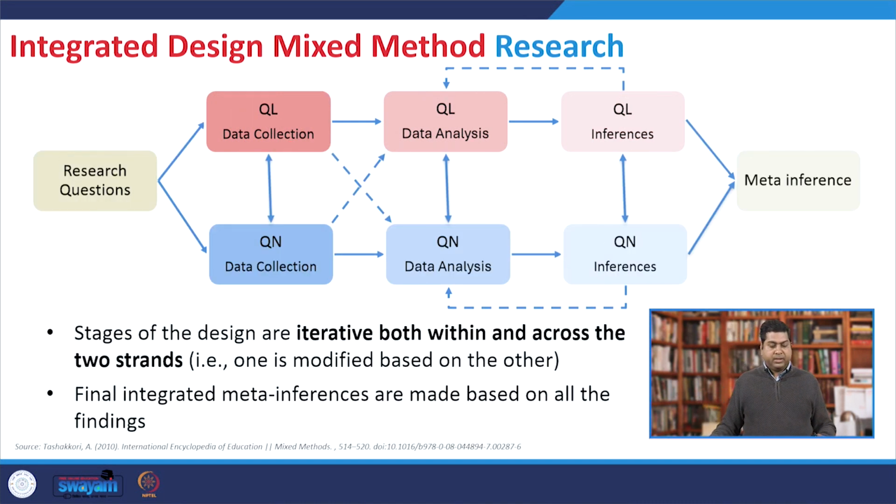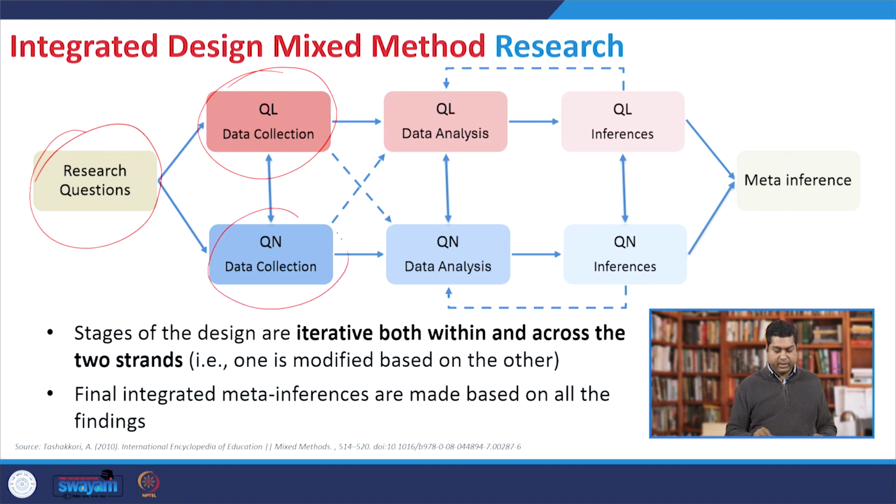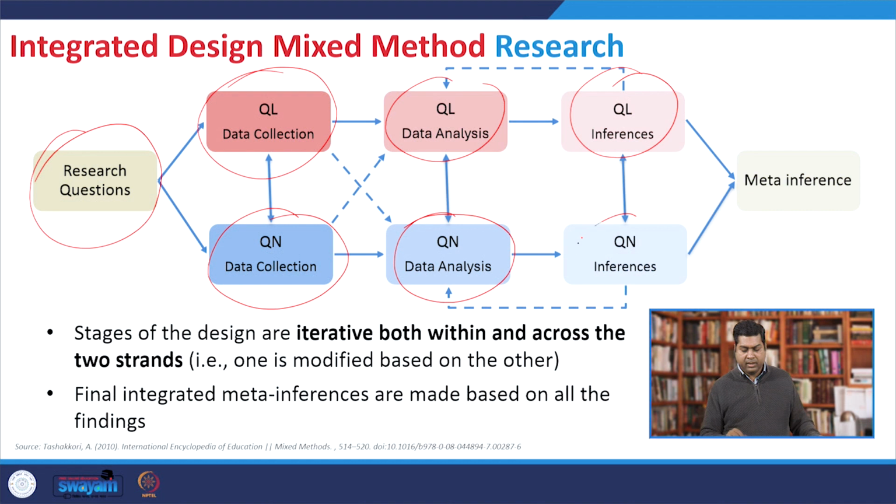Now, coming to the integrated one, where in each stage we depend on each other's findings. So, we have research questions, then we have separate data collection for qualitative, separate data collection for quantitative, then different analysis for qualitative and quantitative, then the inferences. So, if you compare it with the first one, the parallel, it is almost similar except for those connections.